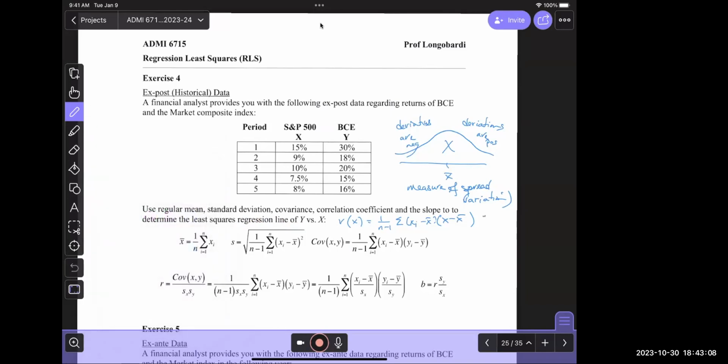The units here are percentage squared for this problem. So we need to take the square root at the end because we want to return the values to percentage. We cannot do that here because, does anybody know why?